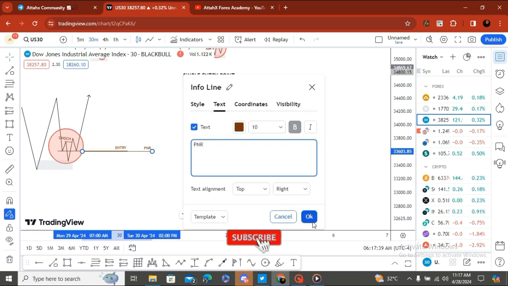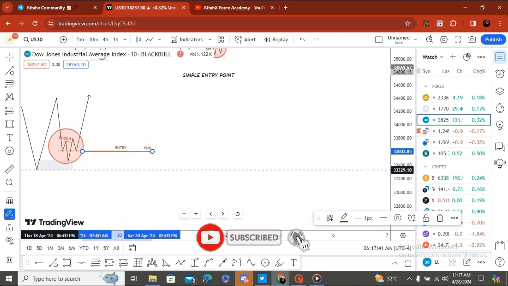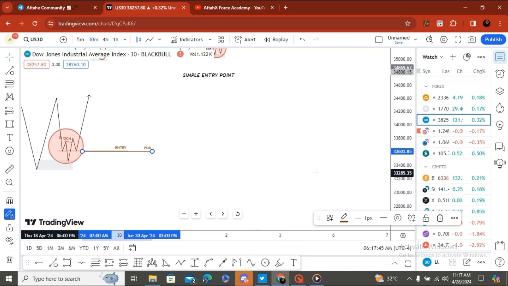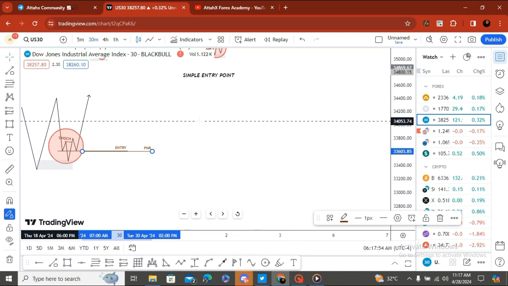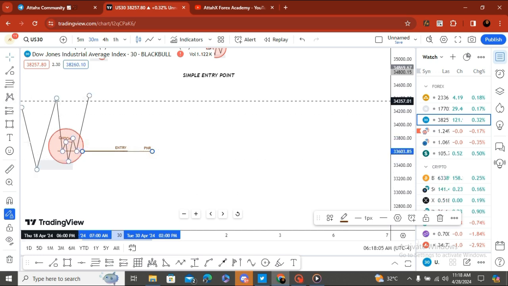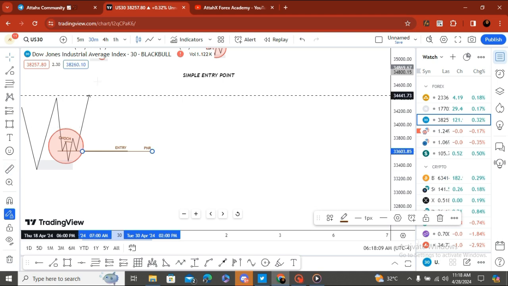Now, I've studied these simple entry points that are usually formed on the lower time frame. There are three types of entry point patterns that usually happen on the lower time frame in a higher time frame projection or a higher time frame bias. This is for a bullish scenario.